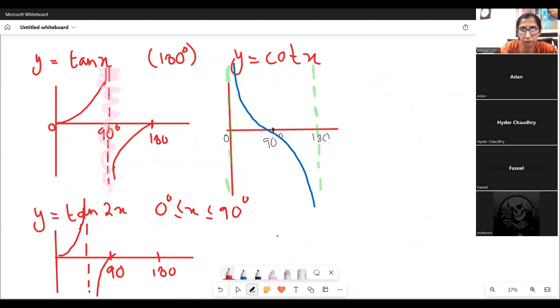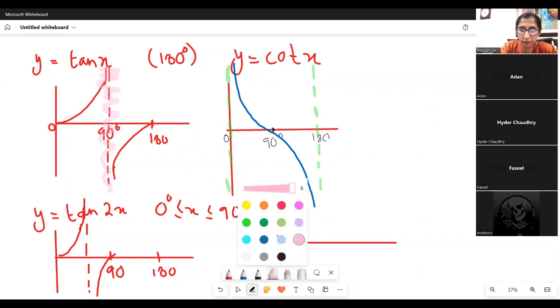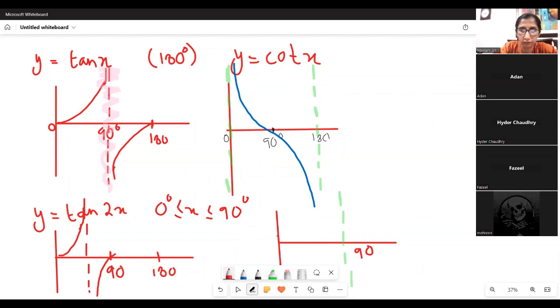And then you will draw an exactly the same graph, but you had an asymptote at 180, but now you'll have an asymptote at 90. Okay, the first cycle ends at 90. So we'll have a graph like this. There's going to be a 0 at 45 and an asymptote here.